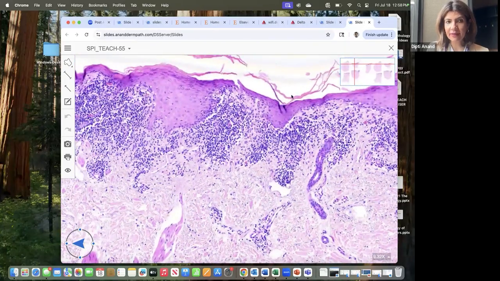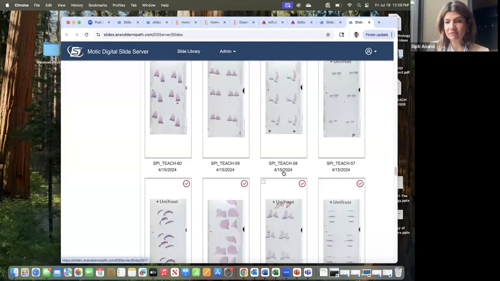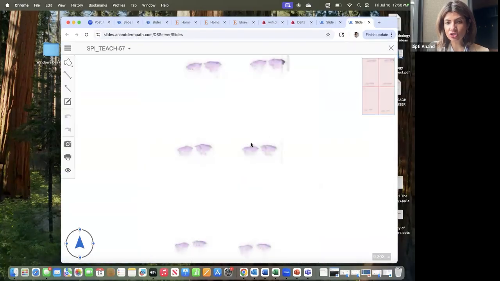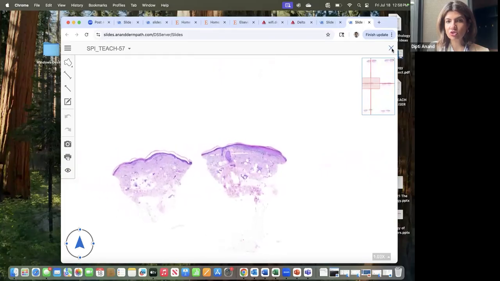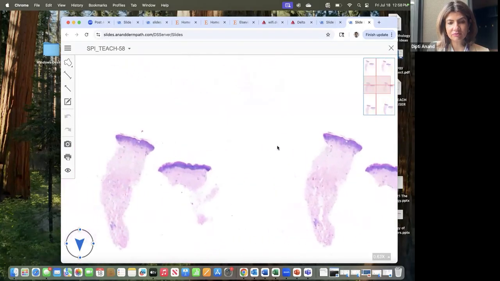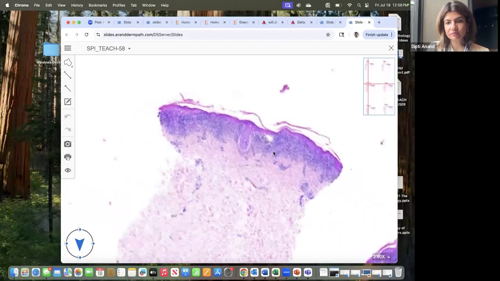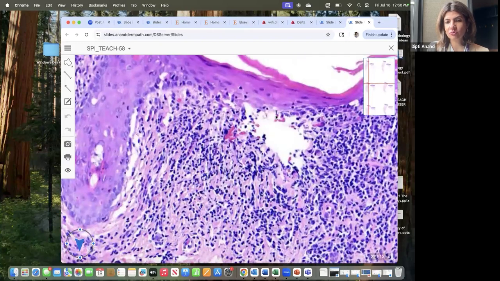Okay. Sometimes in lichen planus, because of the excessive destruction of the DE junction, you can get secondary subepidermal blister formation, which is called Max Joseph space. So let's have a look at that. So like here, you can see there's focally subepidermal separation. That's called a Max Joseph space.